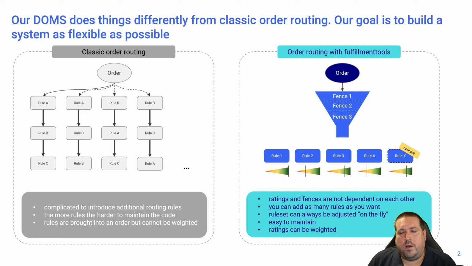So let's say you are starting with 100, the order is checked against each location with each fence. So you're coming down to 10 that are still left alive, basically. All the others will get kicked out of the equation. Then the surviving 10 will move on into the rating system. This is the second step of our distributed order management system. There, we don't have knockout criteria anymore.